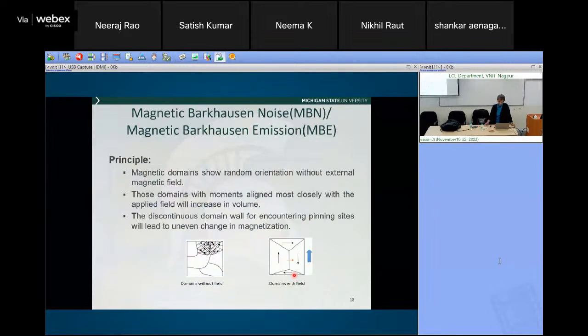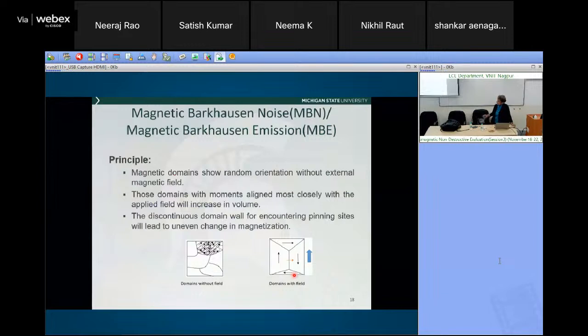Another method that is used, again particularly for microscopic damage, is what's called the magnetic Barkhausen noise or the magnetic Barkhausen emission. These are the same; some people refer to it by different names. So what is Barkhausen noise?